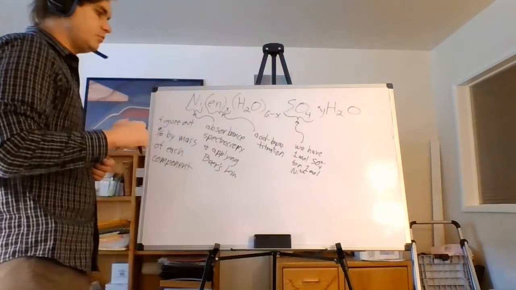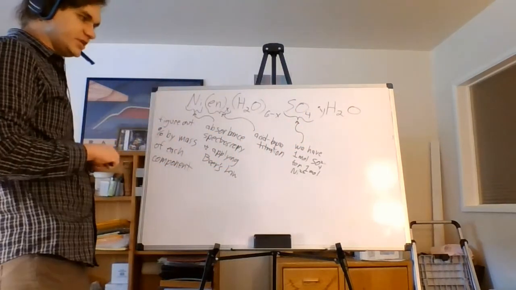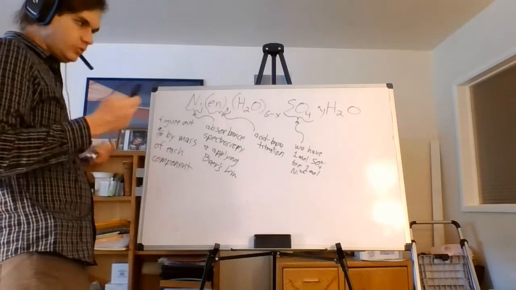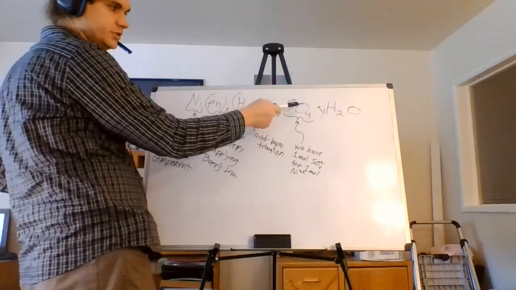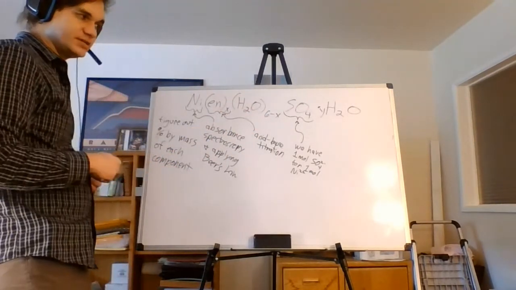So once we know how much nickel we have in a sample, we can calculate how many moles that is and just figure that sulfate has the same number of moles.